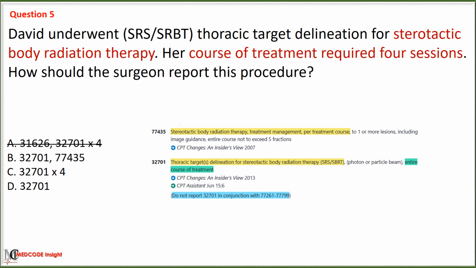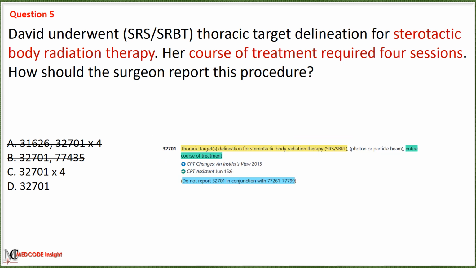Since code 77435 falls within this range, we don't need to report it with code 32701. Code 32701 is used for the entire course of treatment regardless of the number of sessions. Therefore, we don't need to multiply it by the number of sessions. So our correct option is option D with code 32701.